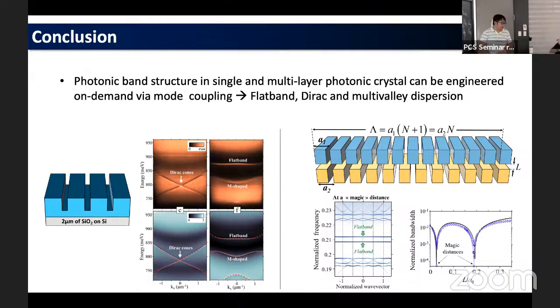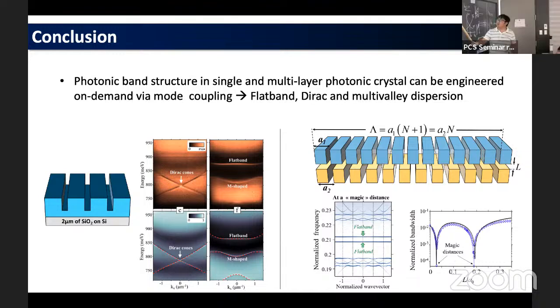So as a conclusion, I hope that throughout my talk I convinced you that photonic band structure in single and bilayer photonic crystal can be engineered on demand via mode coupling. So we can, for example, engineer accidental Dirac points and local flatbands by just changing coupling in a very simple design.